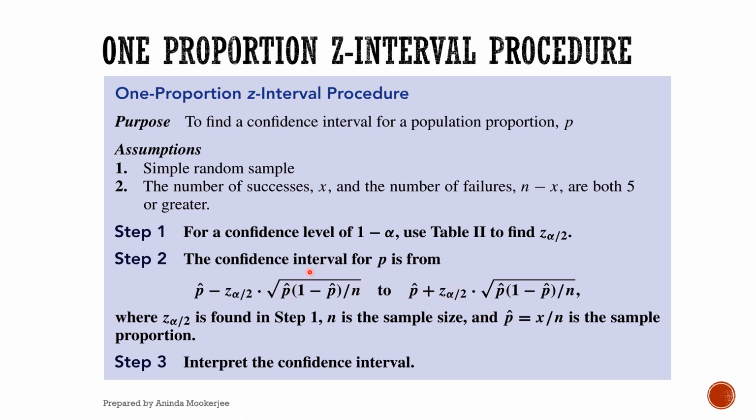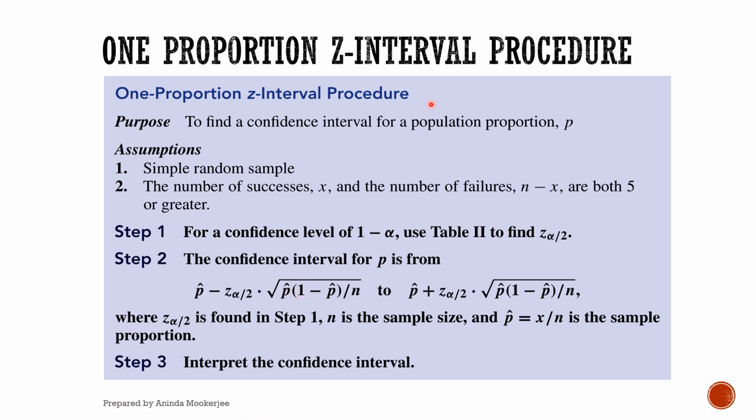Here you see the formula for the standard deviation. So you find your sample proportion and to that you add and subtract Z of alpha by 2 multiplied by the square root of P hat times 1 minus P hat divided by n. This was the formula that we learned when we were talking about the sampling distribution. In the sampling distribution, we use the population proportion P instead of P hat.